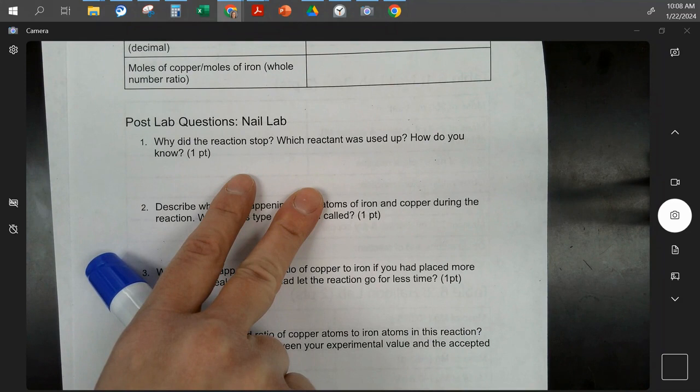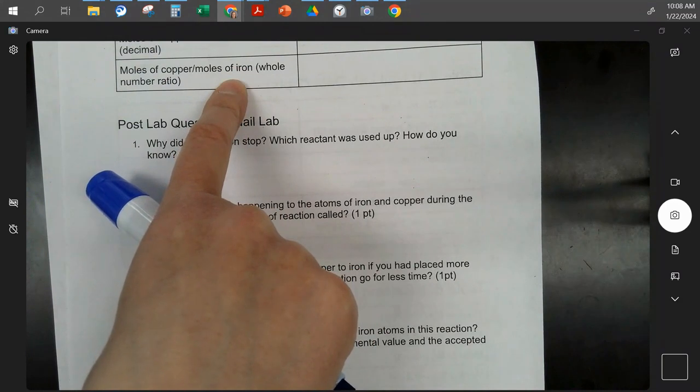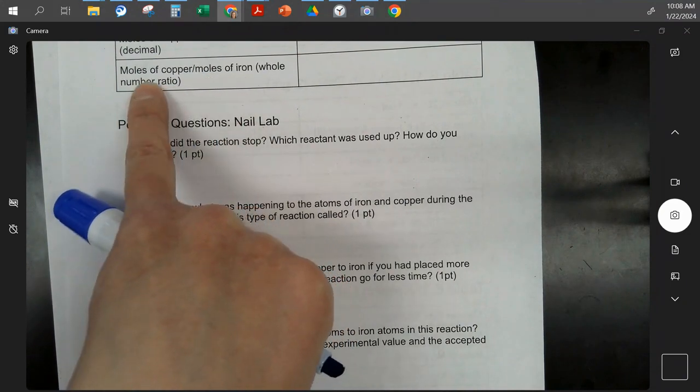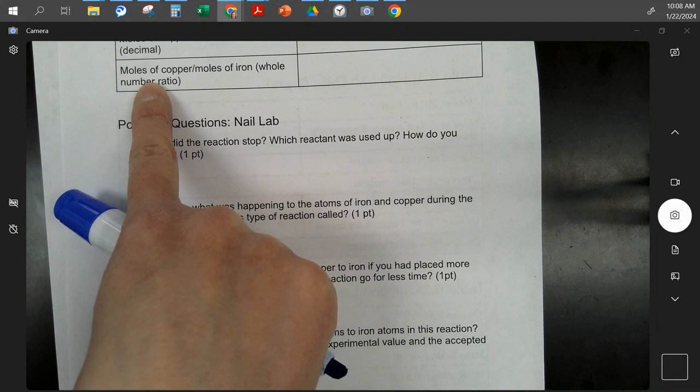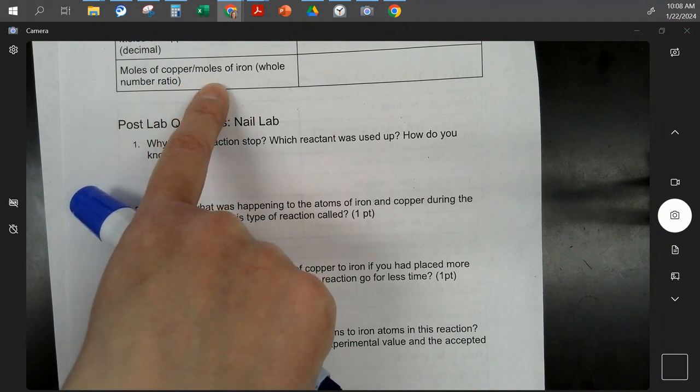If you think you lost some mass of your nail somewhere, like maybe some people's nails were breaking, maybe some of the iron was actually in your copper mass. Maybe you lost a piece of your nail. That could account for that.